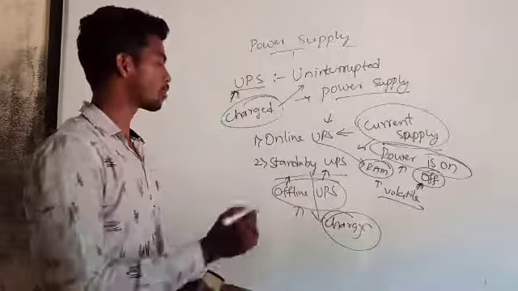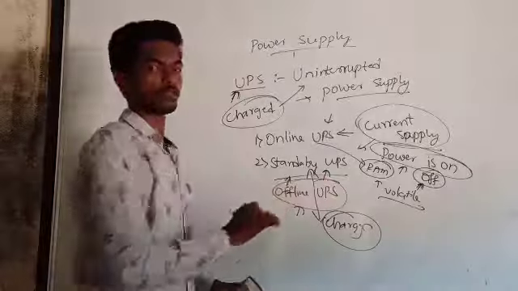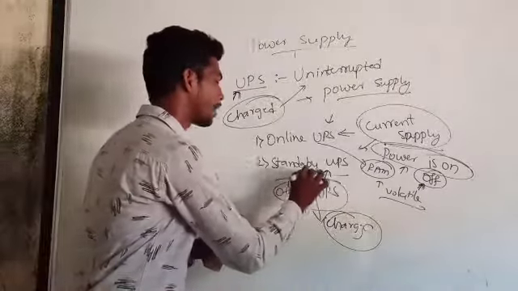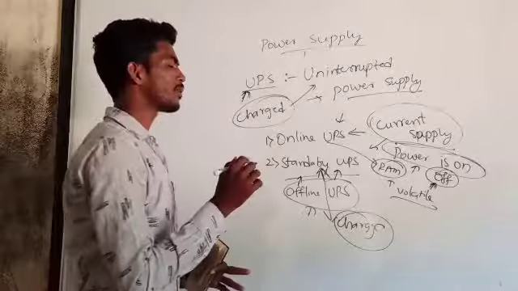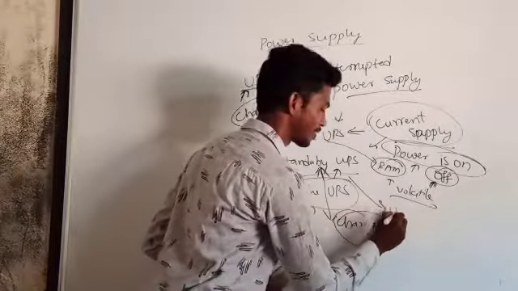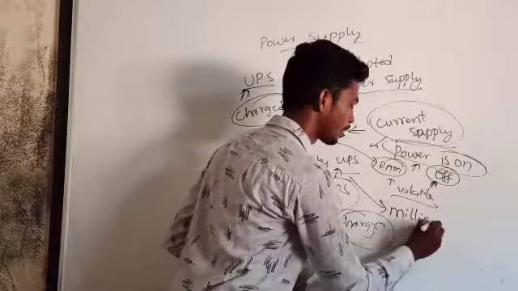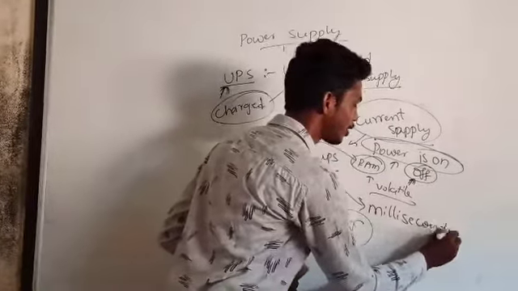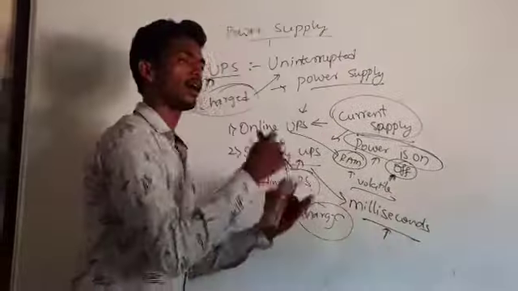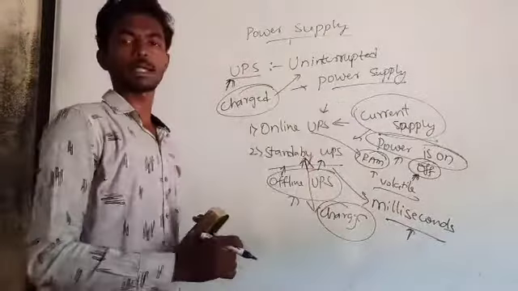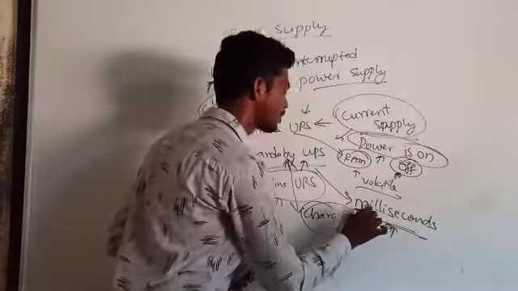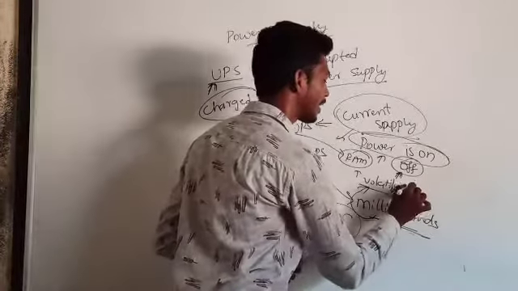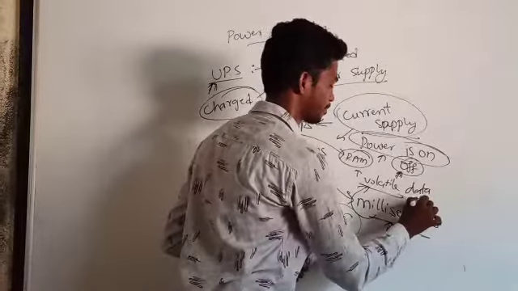When the power goes off, the standby UPS switches on. It takes a few milliseconds to get on and provide current to the computer system, and in these milliseconds the volatile data gets lost.